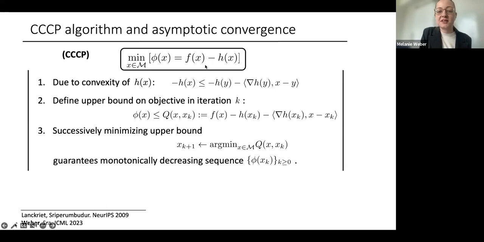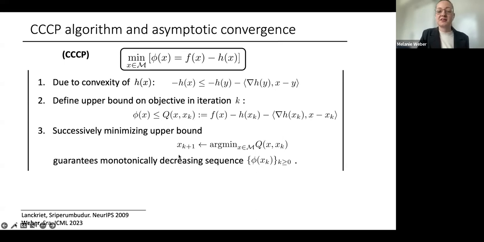Then we can insert this inequality into the objective function to get an upper bound on the right-hand side. That is what I've done here. And that upper bound is convex. So the idea of the convex concave procedure is to successively minimize convex upper bounds on the objective function.